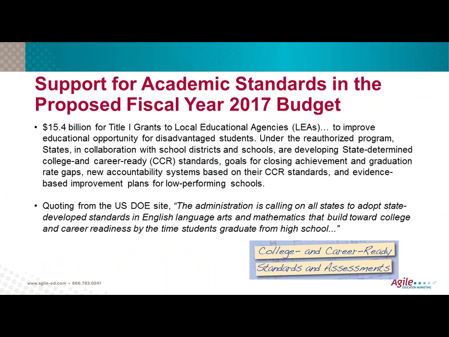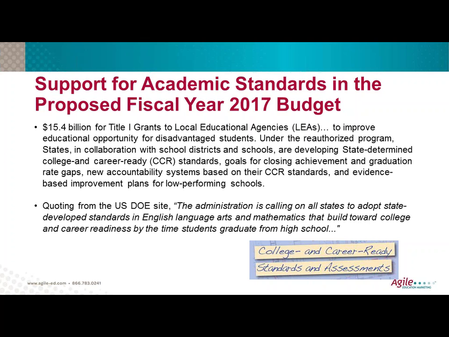And then support for academic standards in the budget, what I found is that there was $15.4 billion for Title I grants, and that has to do with developing state-determined college and career-ready standards. We were talking about that just this morning. What does that really mean? States already have college and career-ready standards, some of them, but not all of them.